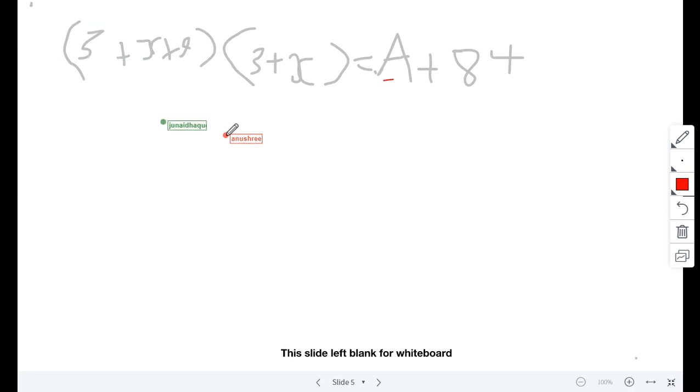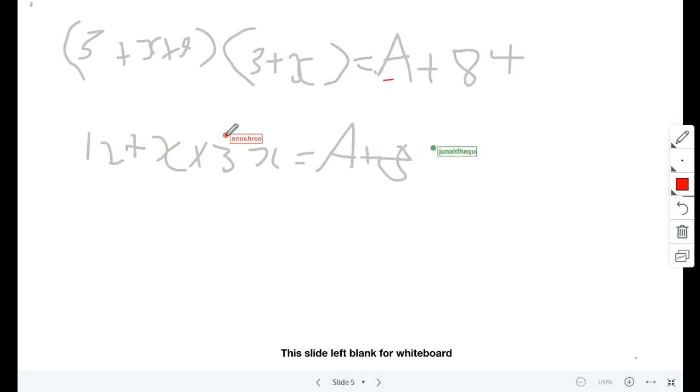Okay then, so this now is 12 plus x times 3x equals A plus 84. Now we can multiply those to get 3x power 2 plus 12, equals A plus 84.